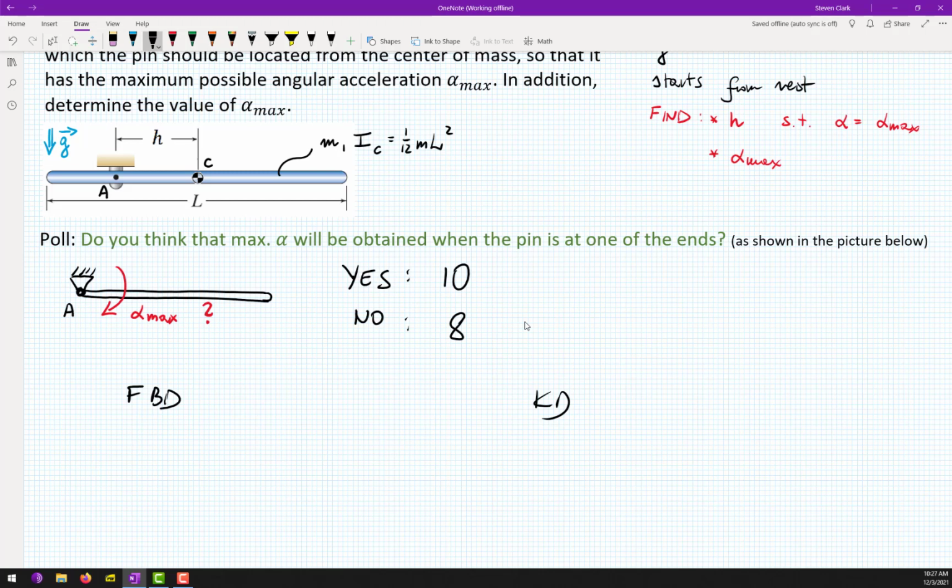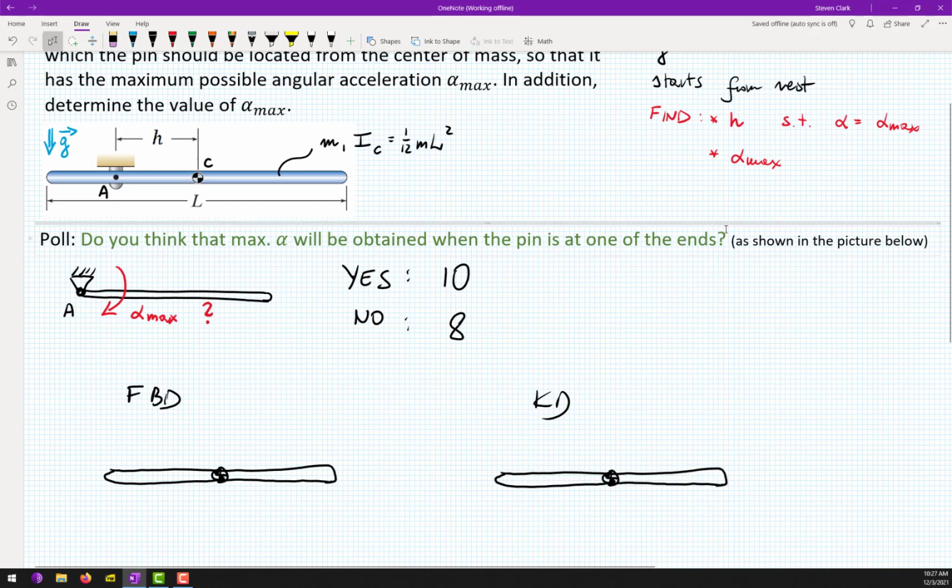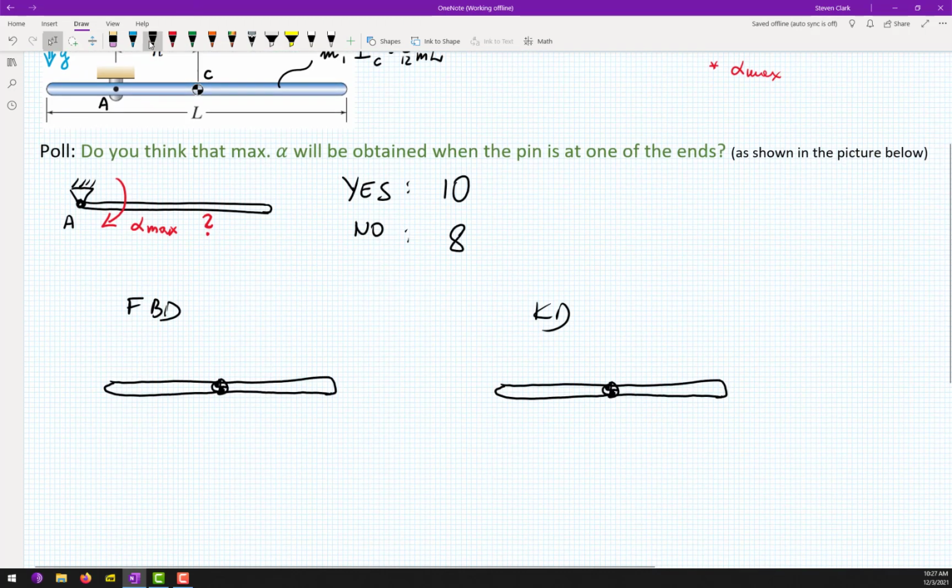Okay, so I'm just gonna draw that beam twice, yes? I mean once, and I'm gonna copy it, of course. So this is our beam with center of mass. I think that center of mass can be a little bit towards the right, here. Yeah, that's better. Okay, so what do we have in here?